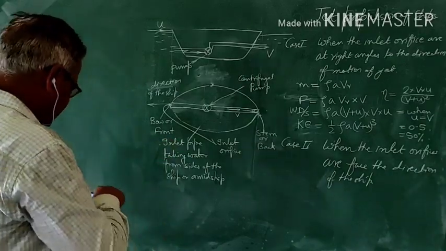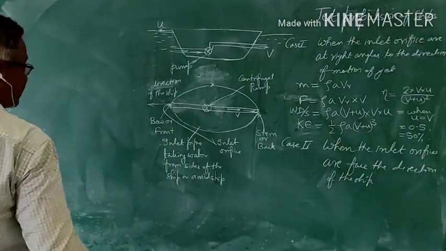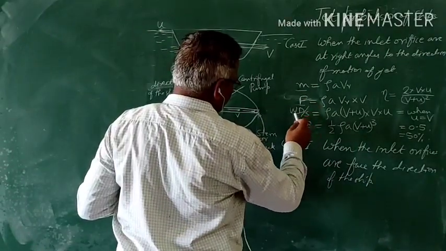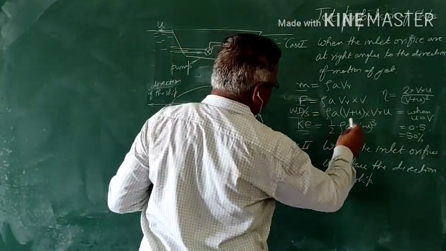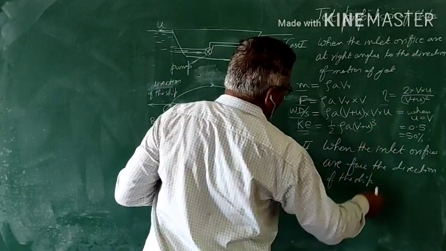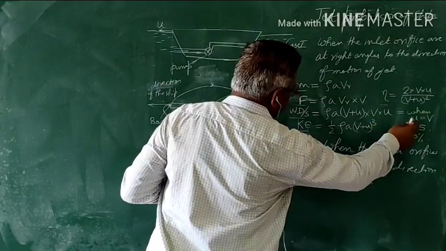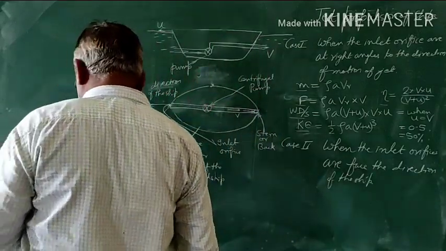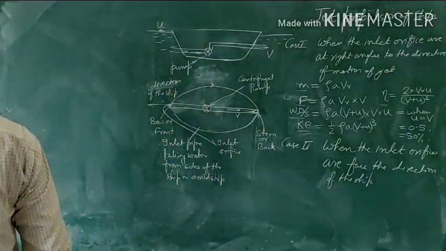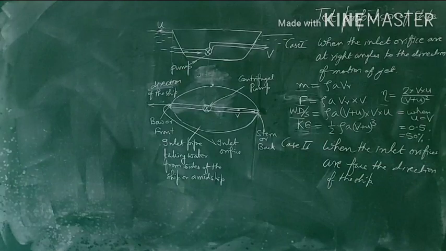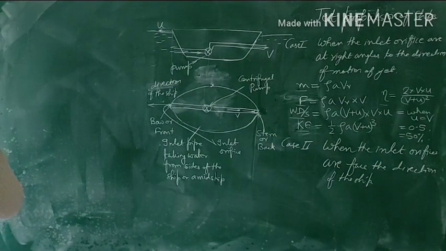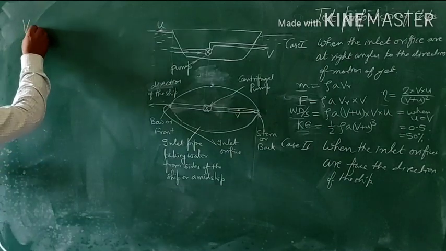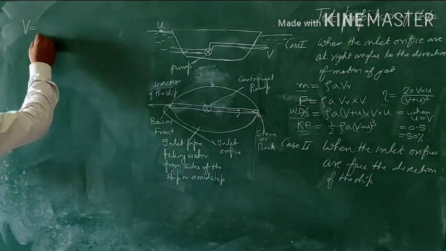So in this case, we will try to find the mass flow rate, force, work done, kinetic energy, the efficiency, the condition when the efficiency will be maximum, and the maximum possible value. Here V is the absolute velocity of the jet, as we have taken.